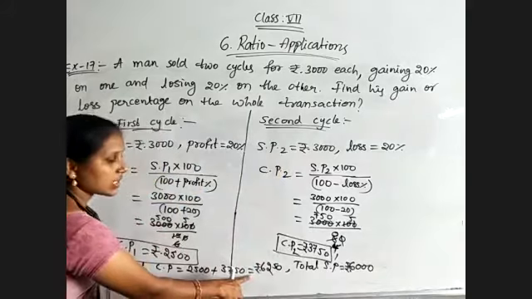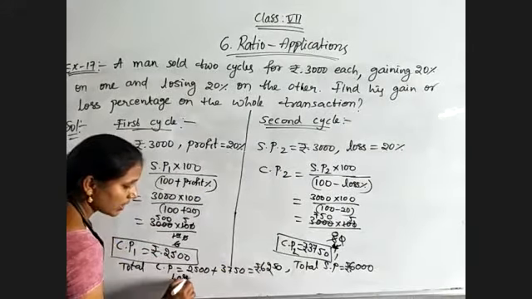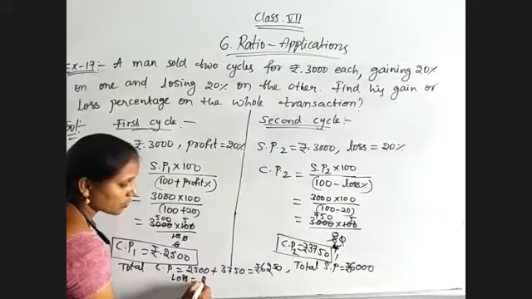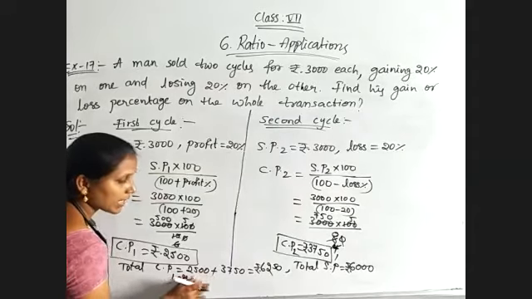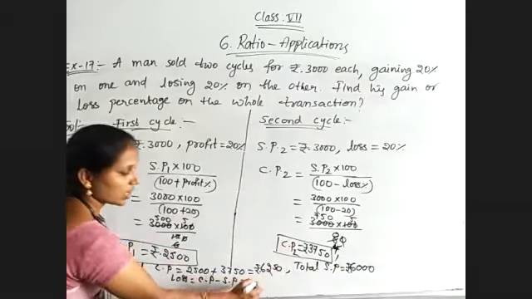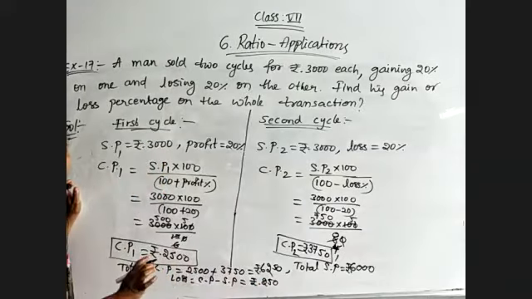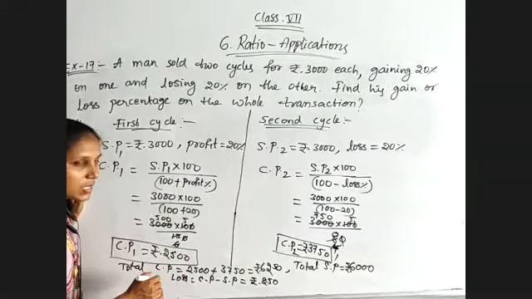Now CP is more than SP, therefore he is getting a loss of CP minus SP, that is 250 rupees. Total CP minus total SP, which will be equal to 6250 minus 6000. So directly I am writing because the place is not sufficient, 250. And now find out the loss percentage.